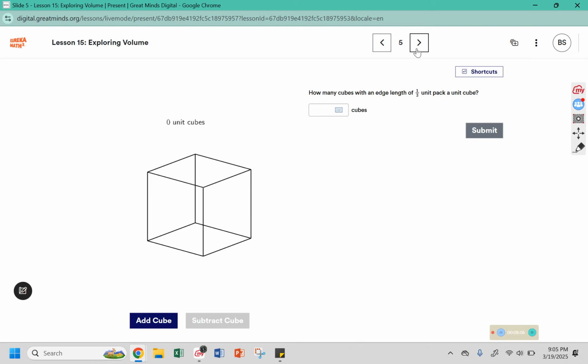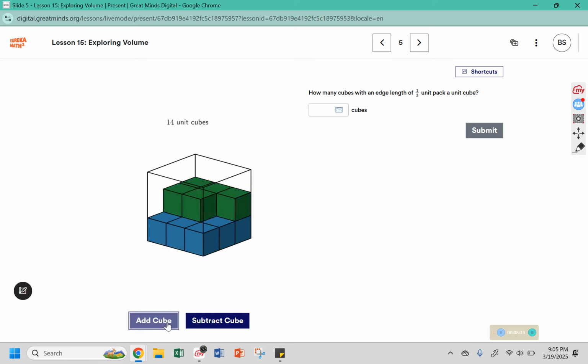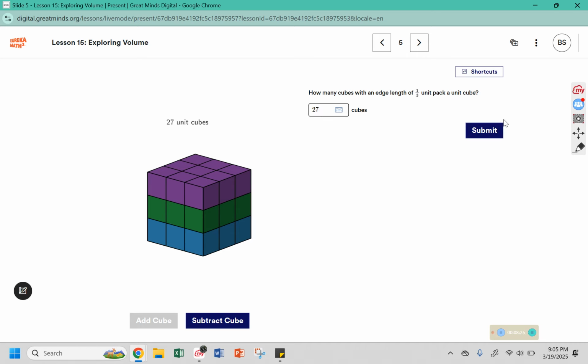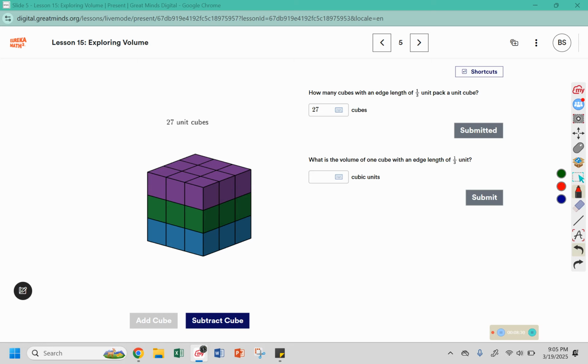How many cubes with an edge of a third unit pack into a unit cube? Well, we should be able to fit 3 across, 3 wide, and 3 tall. So there are 27. It is a third wide, a third long, and a third tall.